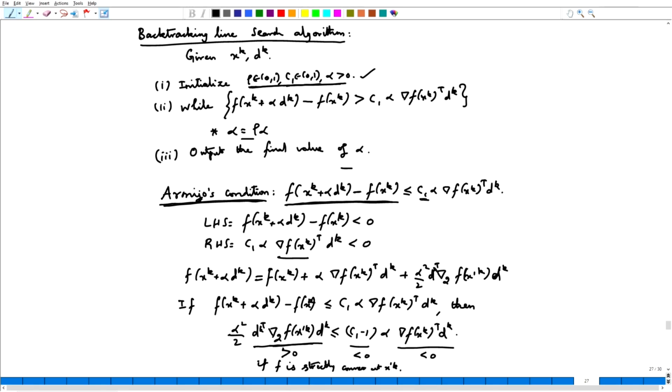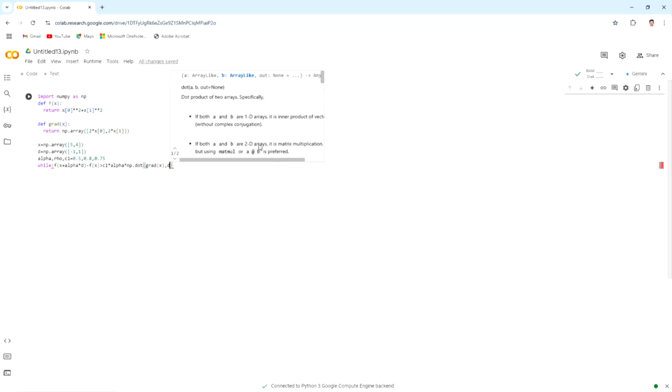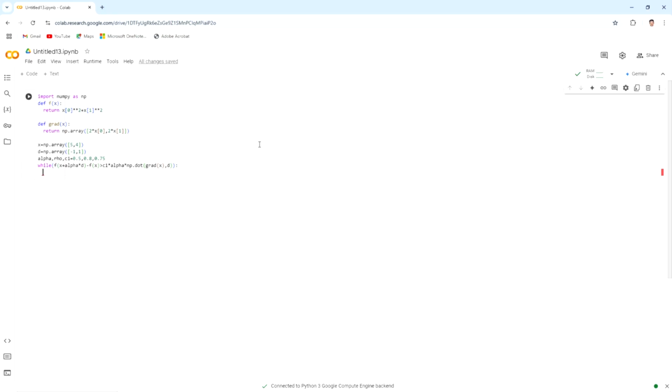So, while f of x plus alpha into d minus f of x is greater than C1 into alpha into grad of x, it is a dot product, so np dot of grad of x comma d, what should I do? I should just multiply alpha into rho.